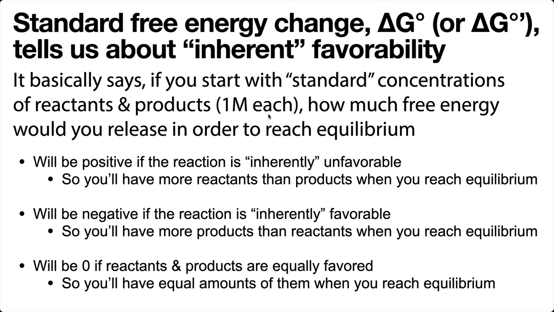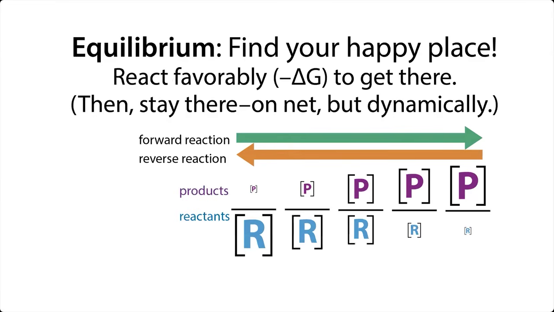If you have a negative delta G naught, that's saying that you would have a kind of inherently favorable reaction, you would be making more products, and so you would have a negative delta G. If you got a positive delta G, well, now you're inherently unfavorable in the forward direction. You're actually favorable in the reverse direction. And if it's zero, then neither way is favorable.